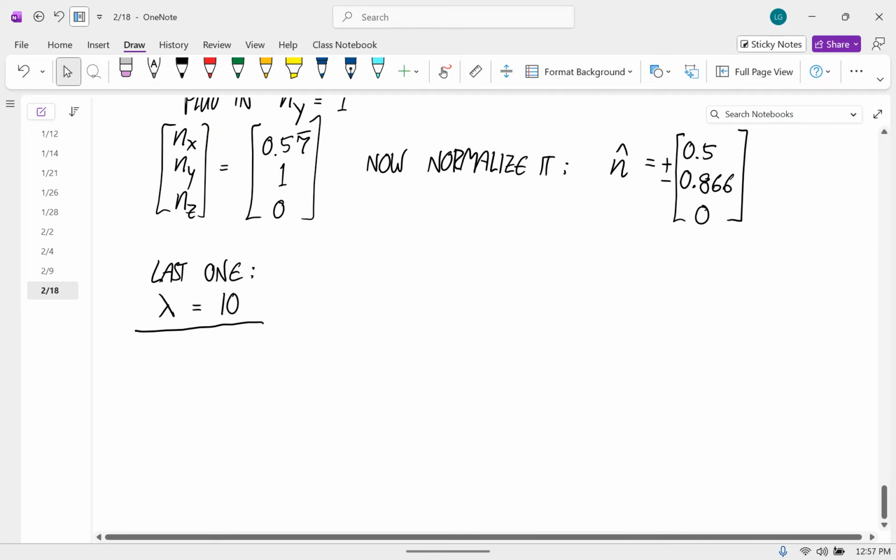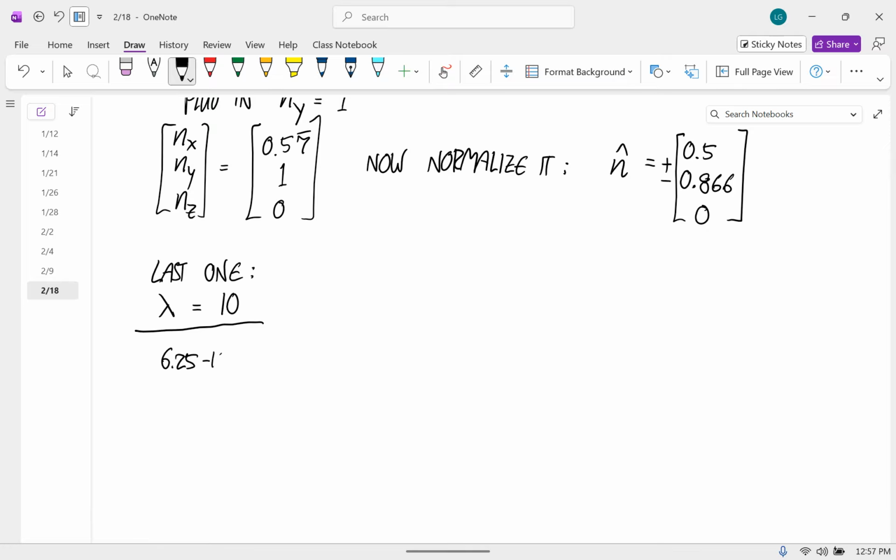So we have 6.25 minus 10, negative 6.5, 0, negative 6.5, negative 1.25 minus 10, 0, and then 0, 0, and then 0 minus 10.